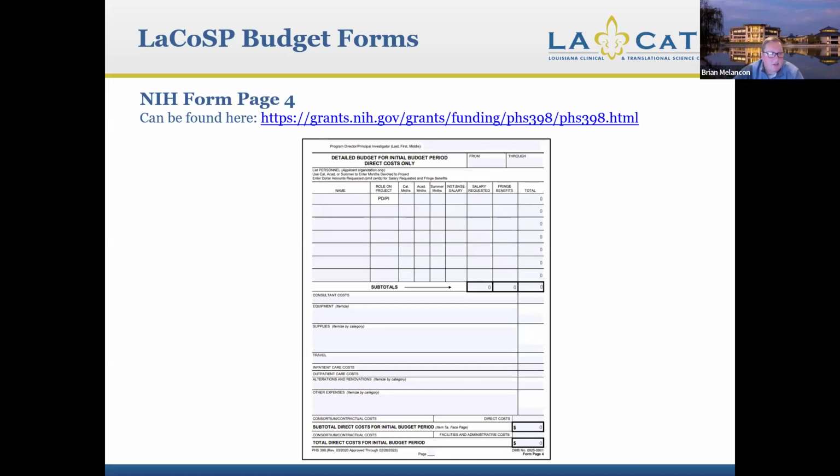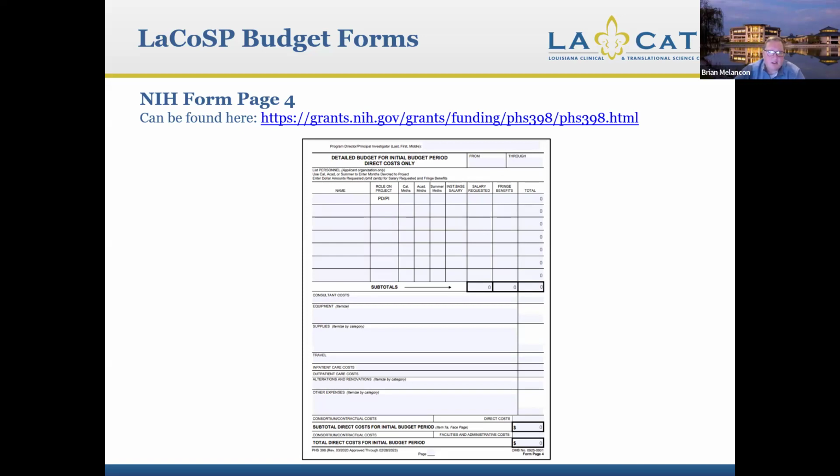If you're an academic institution and you have an office of sponsored projects, these forms should be very familiar to them. And as we go through this presentation, I'd like to reiterate that, whether it's contacting me or contacting your own office of sponsored projects, go ahead and reach out and ask questions as you're looking at these forms, planning and trying to figure out your budget.